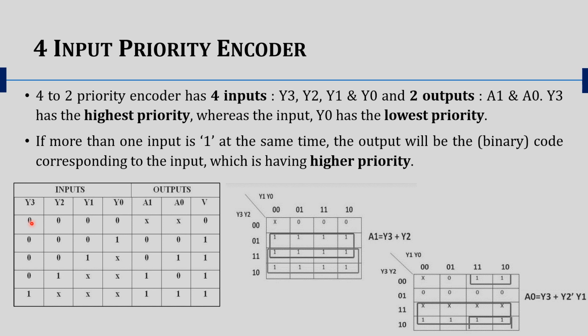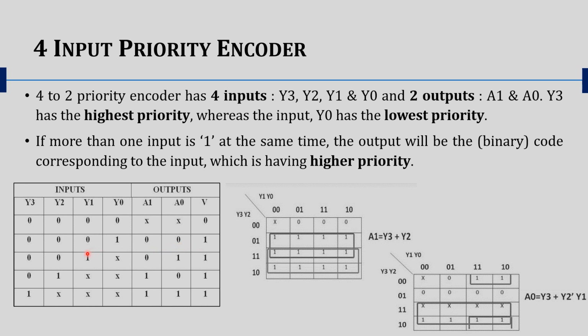Now let's look into the truth table for this 4-input priority encoder. For the condition 0, 0, 0, 0, the output value will be don't care. If Y0 is equal to 1 and all the other higher priority inputs are 0, then it represents the 0 0 combination with a valid input 1.